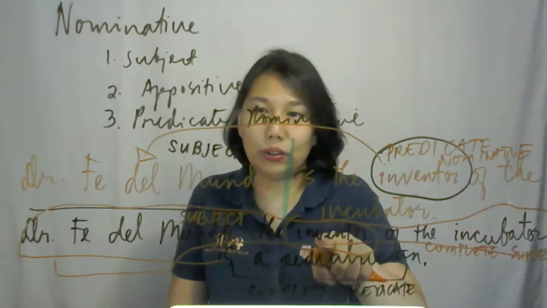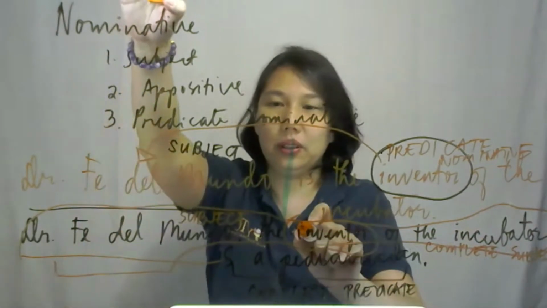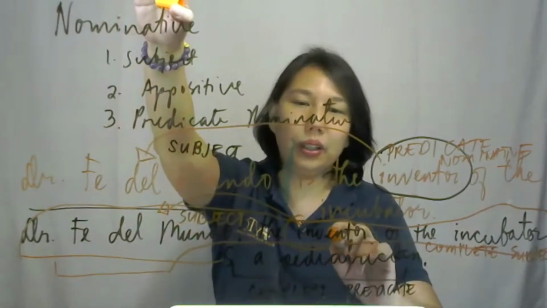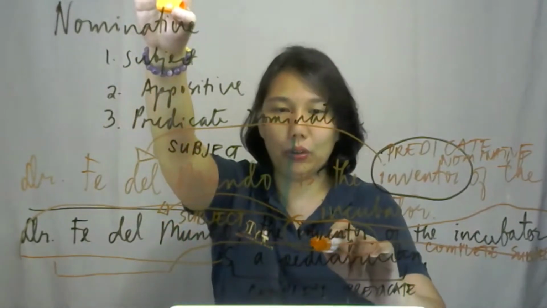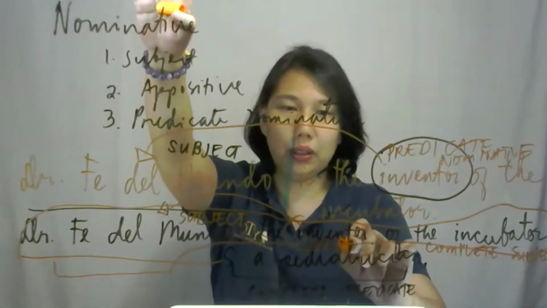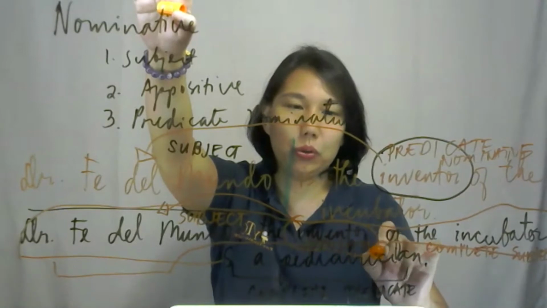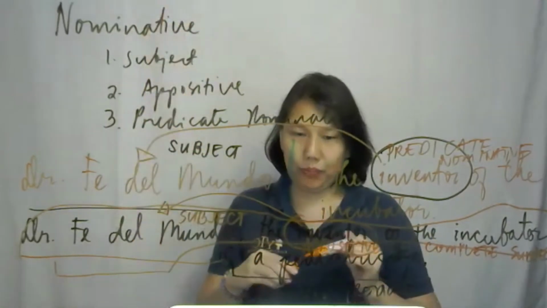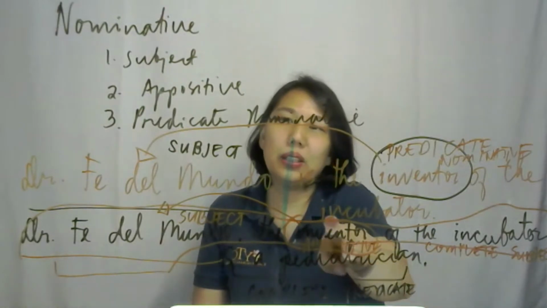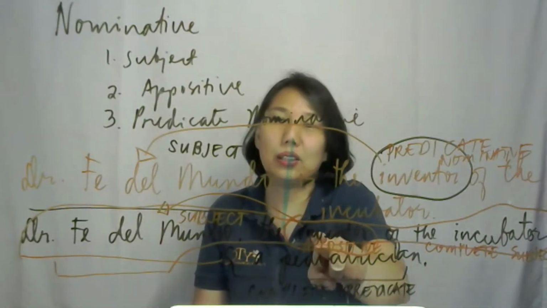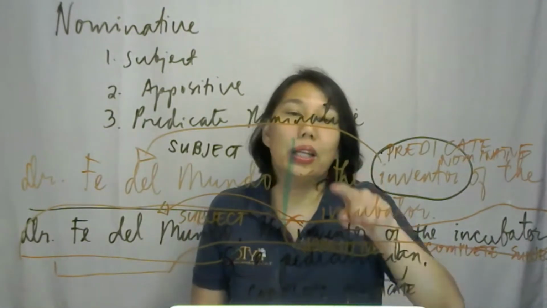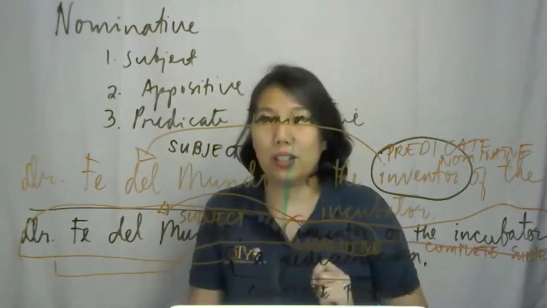So inventor goes back to the subject. The noun inventor is now used as your appositive to the subject. So this appositive to the subject is found in the subject part of the sentence. This one renames the subject as well.